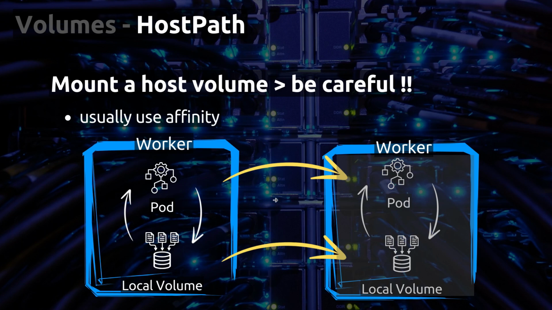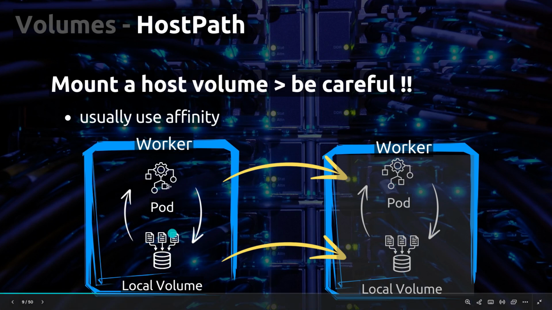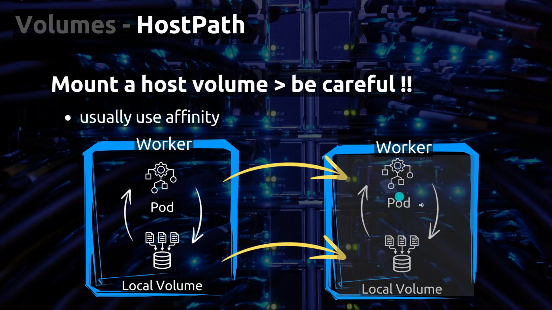That means that we need to make a little disclaimer before, because if you use it on a real cluster, not like our demo cluster with only one worker node, and you have multiple worker nodes, and you mount this pod with this volume, then if you drop this pod, it can be recreated on another worker.